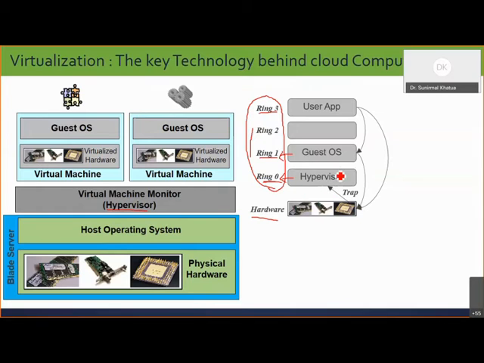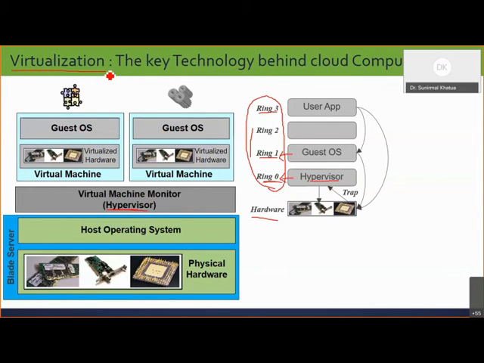And in ring 0, the hypervisor is listening for those traps. So all the guests, whenever they try to access the resource at the same time, will be trapped by the hypervisor. There is a single hypervisor, so it will resolve that issue and execute them safely one by one within the available hardware.